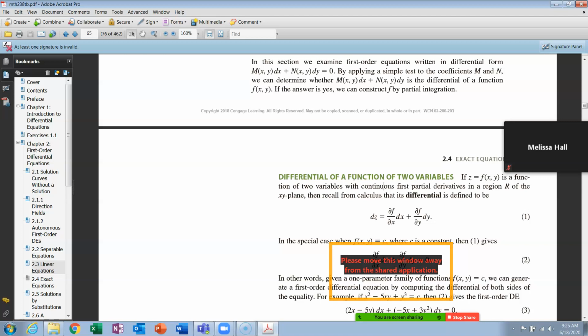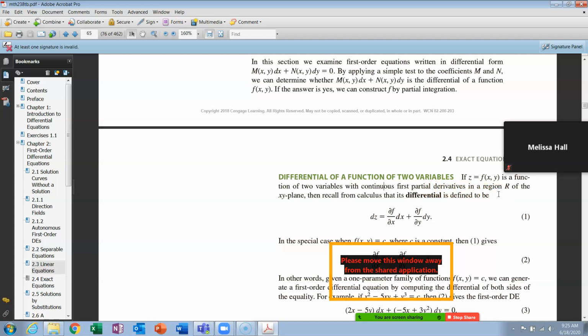It's that we're not solving partial differential equations. Those are two different things. They certainly have to be a little related, but they're not the same thing. So z is a function of two independent variables, x and y, and it has to have continuous first partial derivatives in some region R in the xy plane.